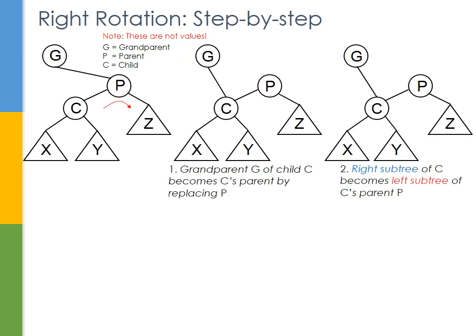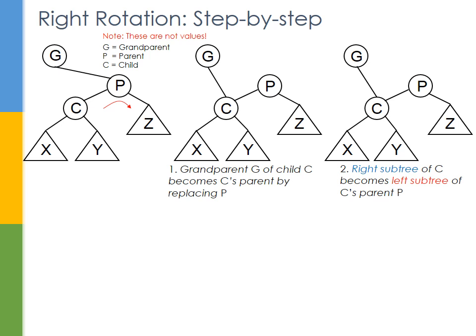So now the next step is that the right subtree of C becomes the left subtree of C's parent P. So we can see that C's parent P has a left connection to node C. We now need to make sure that the left branch pointer for P refers to the right subtree of node C, in other words, what is indicated as Y in this diagram.